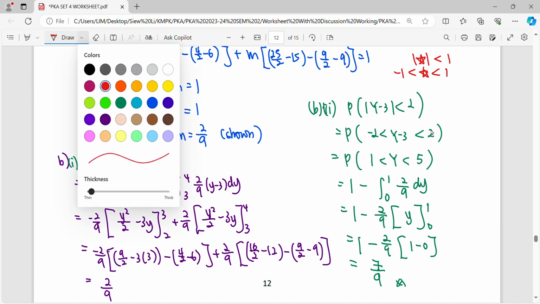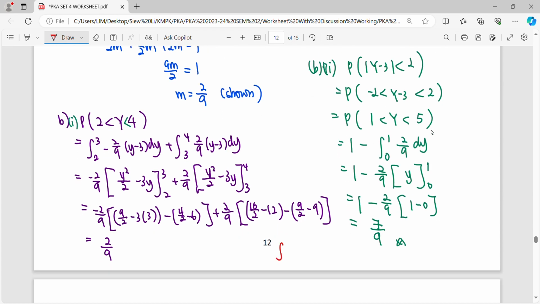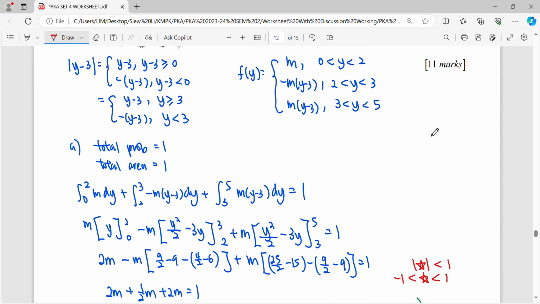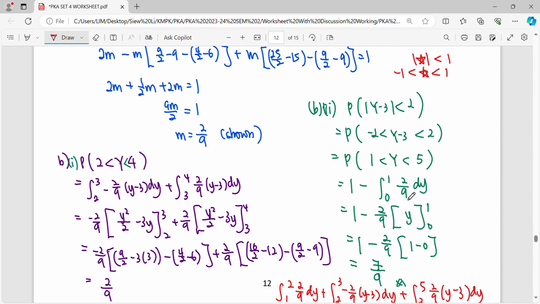So another alternative we can accept is where you integrate from 1 until 2, plus 2 until 3, plus 3 until 5. So this is another alternative we can accept, but I will choose the first because the calculation is easier and takes a shorter time.